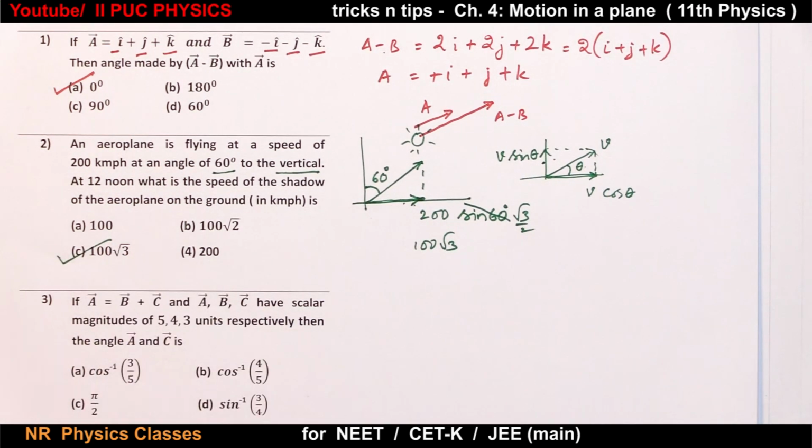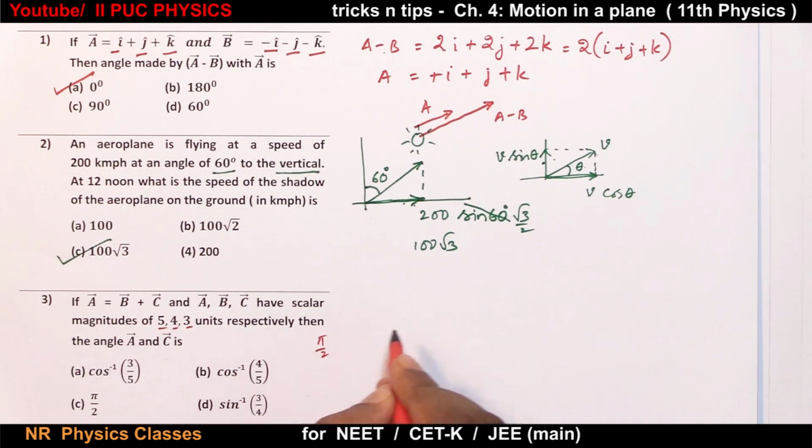100 root 3. If vector A equals vector B plus vector C, and A, B, C have scalar magnitudes 5, 4, 3 units respectively, then find the angle between A and C. If you observe these numbers 5, 4, 3, a triplet, we think the answer is pi by 2 because of the Pythagoras theorem.